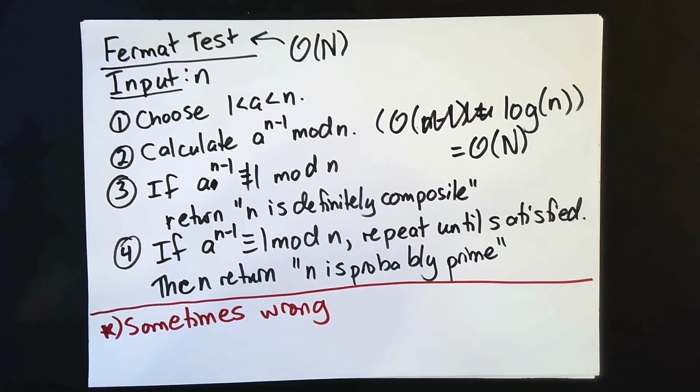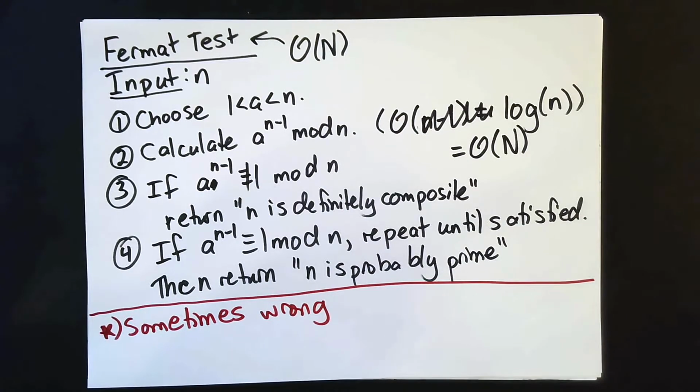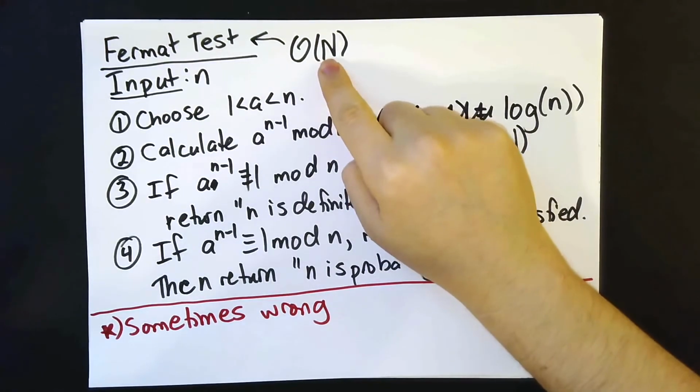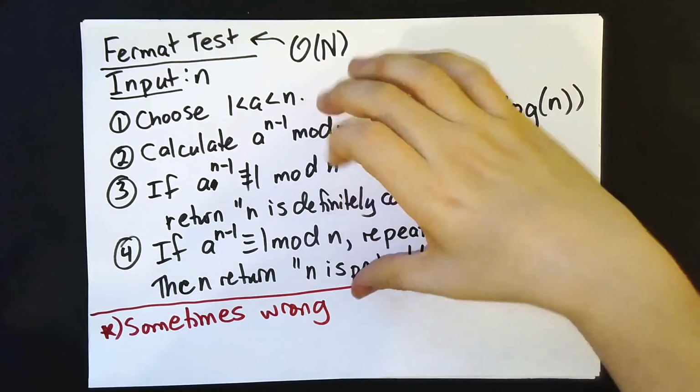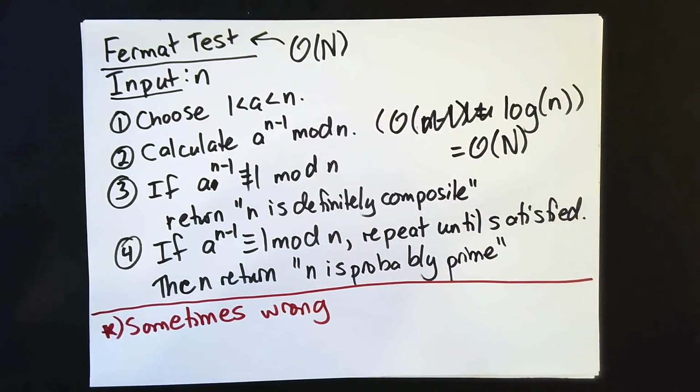Now, there's two different ways you could look at the problem of, okay, so sometimes it's wrong. Imagine I encountered some random number, and it passed this test, say, 10 times. Well, then your number is almost certainly prime. Again, 99.99999% chance your number is prime, as long as your number is relatively large.